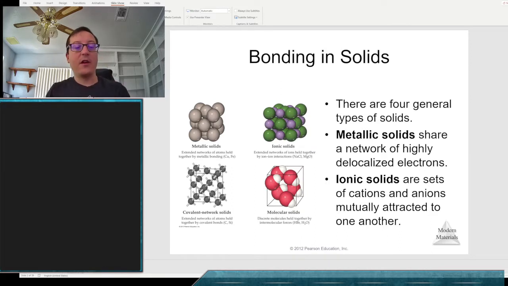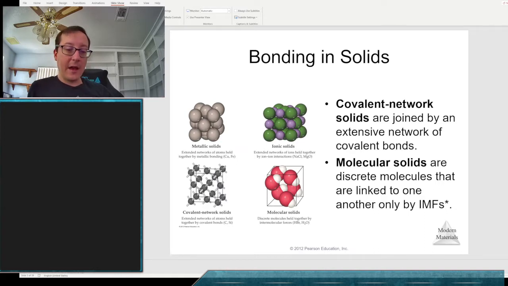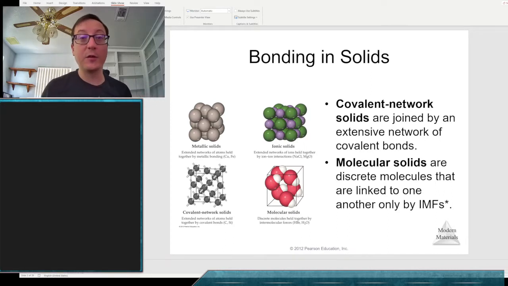Next, we have covalent solids like diamonds. Diamonds, for example, are held together through covalent bonds only. There we're talking millions and billions and trillions of covalent bonds holding these things together.